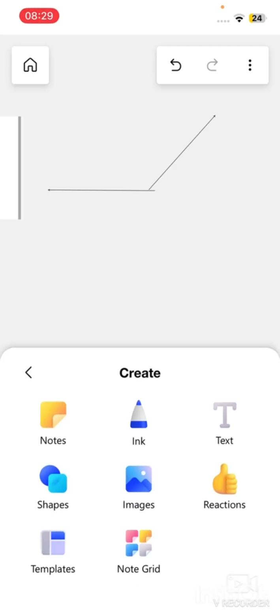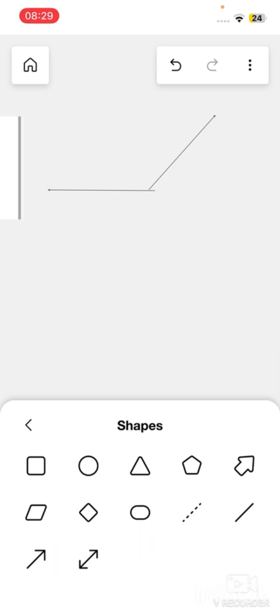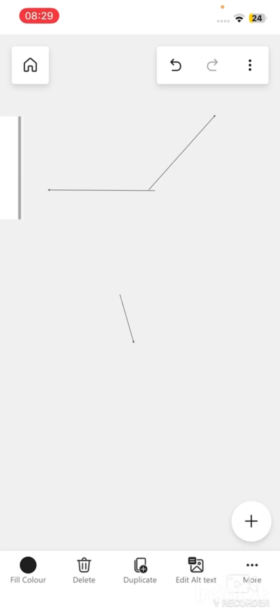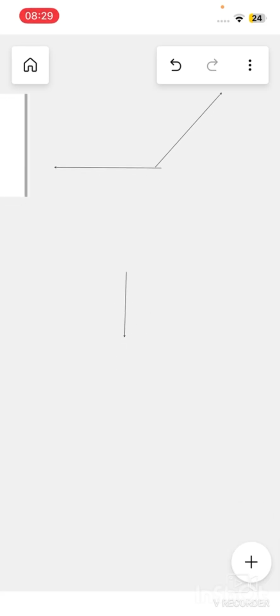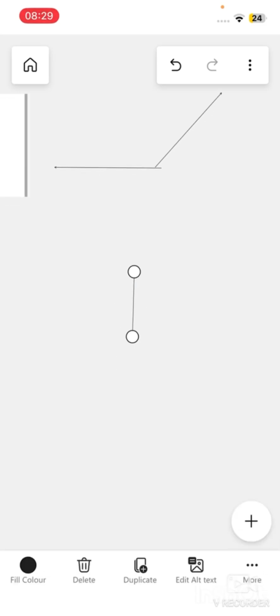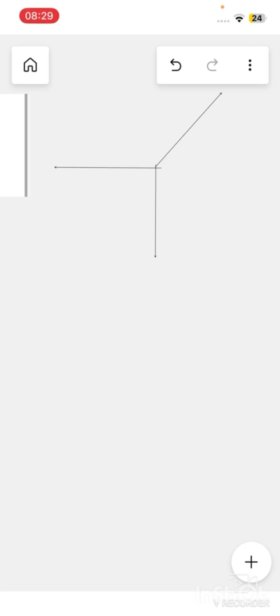I think it's fine like this, and we need to draw the W of C. Yes, this is going to be the W of C. Hope it's clear, everyone can see.